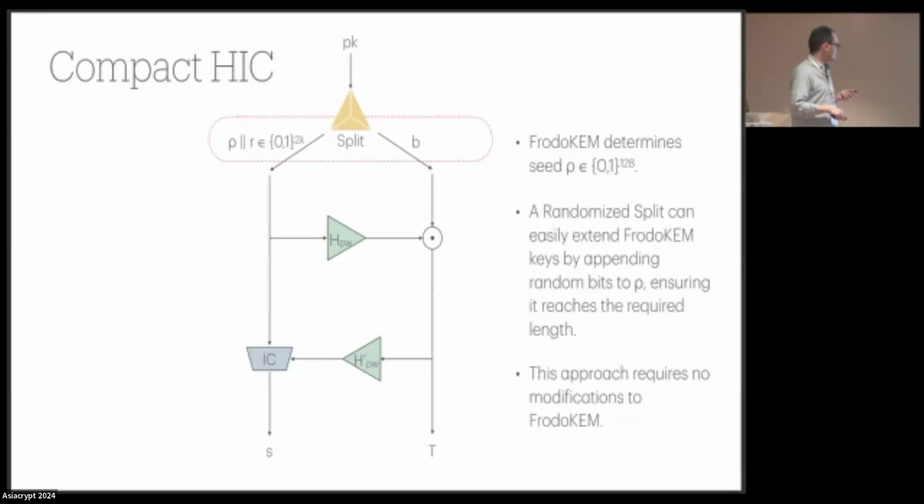But because in our proof we require the ideal cipher to avoid collisions even across different keys, this input and this output must be 256 bits, or at least 2 times the security parameter. So this split functionality allows us to use other CAMs like FrodoCam that are not obviously compatible with this scheme, by simply appending the number of random bits that we need to make it fit to the right size.